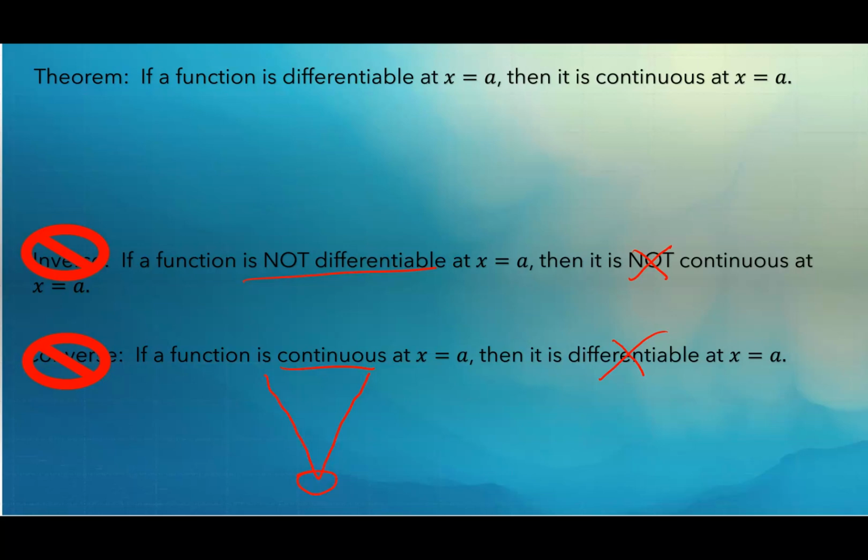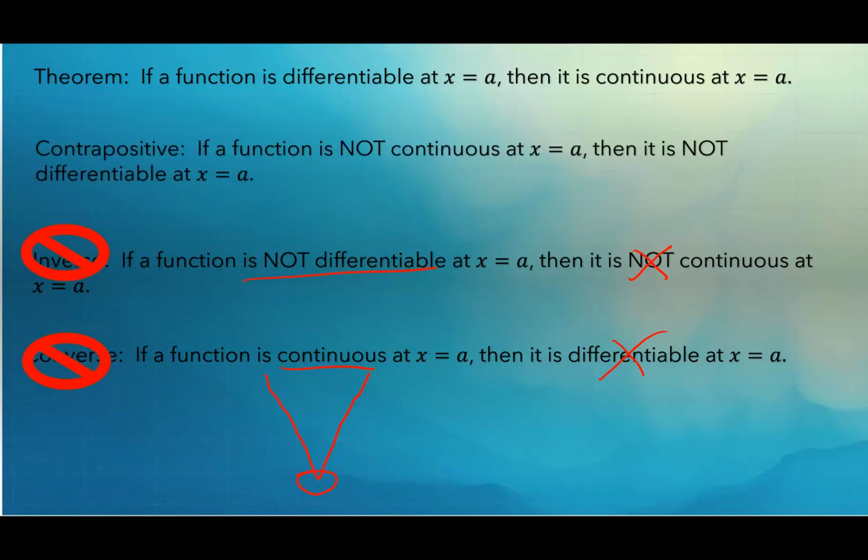Now, what is the one statement that is equivalent to our theorem? Mathematically equivalent to our theorem is the contrapositive. And the contrapositive is very useful. The contrapositive says if the function is not continuous, then it is not differentiable.